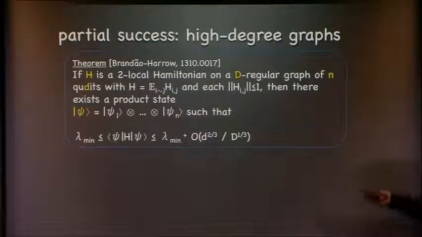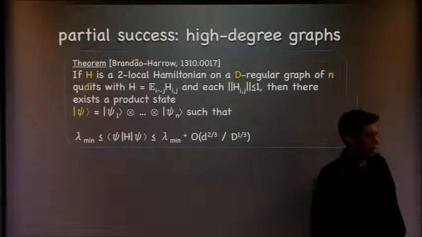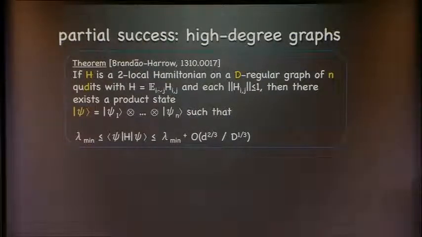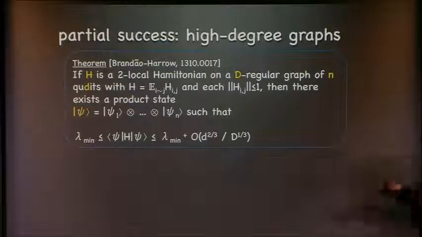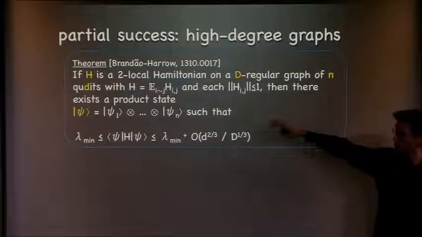And this point here about the Hamiltonian being an expectation is what's called PCP normalization. It guarantees that the Hamiltonian has norm at most 1. I don't want to go too much into detail here. I just tried to set the scale of the size of the Hamiltonian. So this is a pretty general 2-local Hamiltonian.